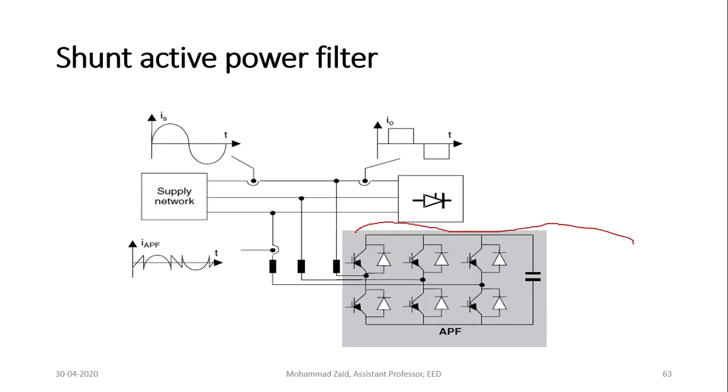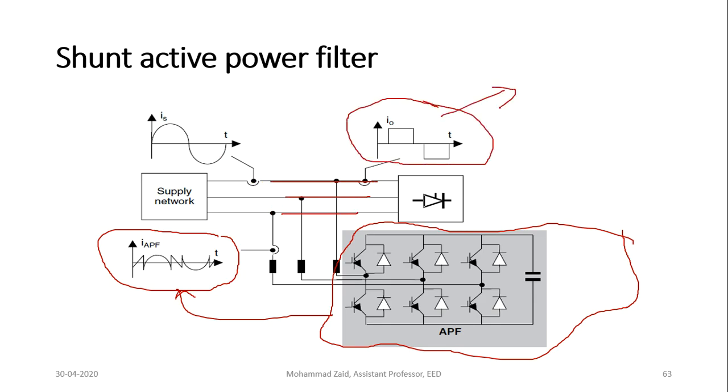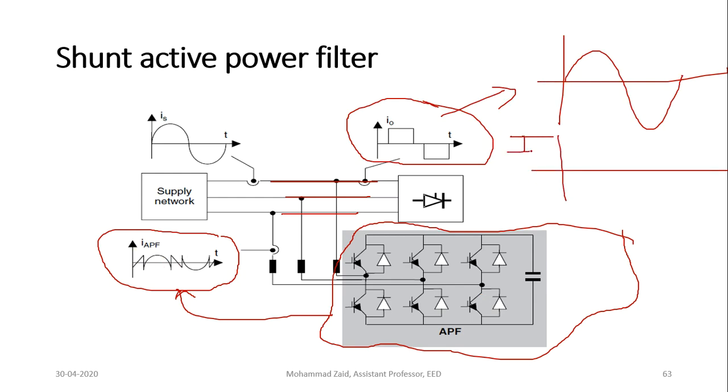So basically this is the active filter, and this is the current which is produced by the active filter, and this is the source current. For each phase, this is one phase, this is the second phase, and this is the third phase, and this is the load current. The load current has a fundamental component, plus harmonic currents also, IH.